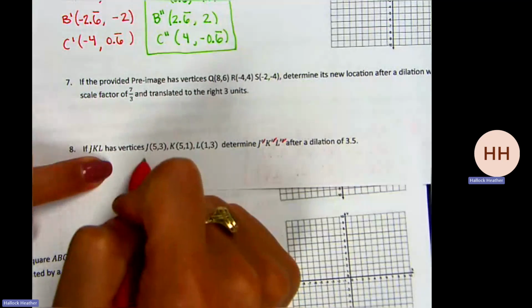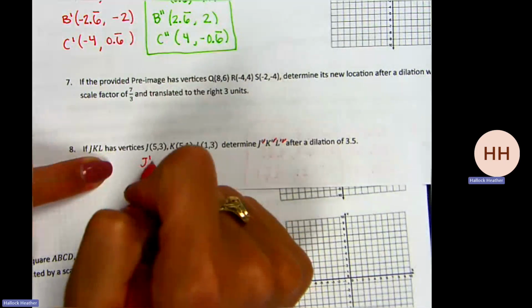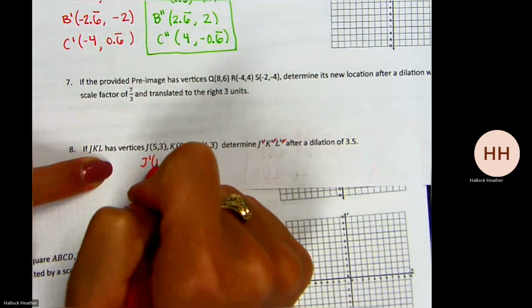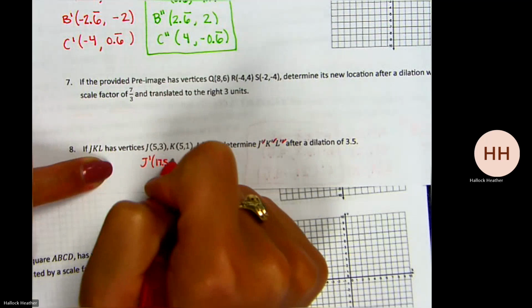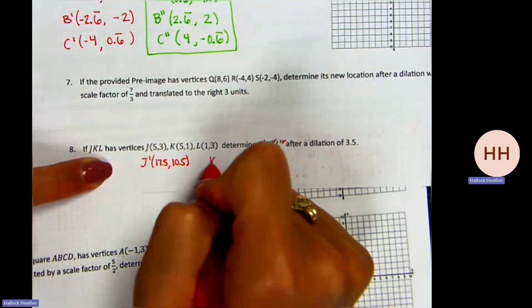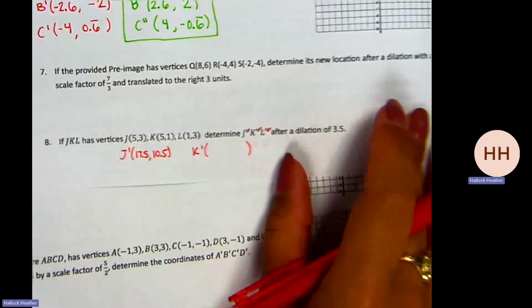So if J was 5.3 and I'm multiplying by 3.5, where should J prime end up at? Perfect. 17.5 and 10.5. For K prime, it is 5.1.